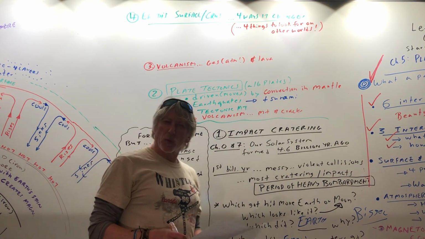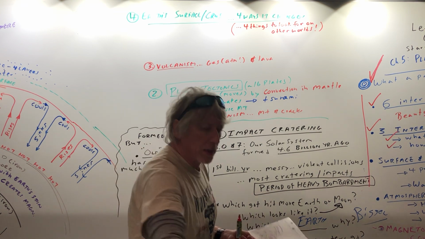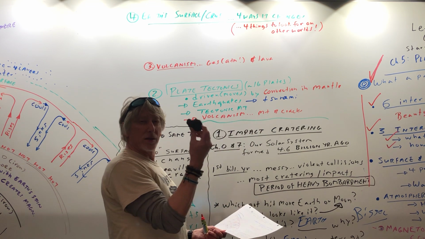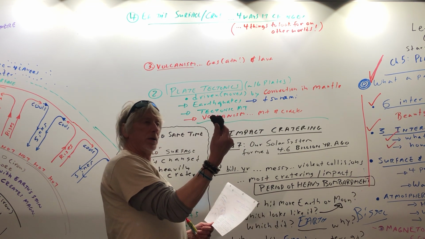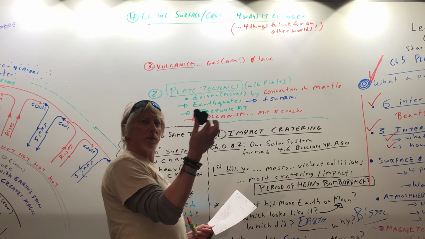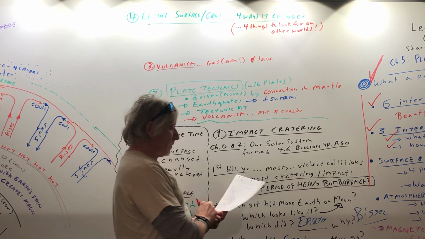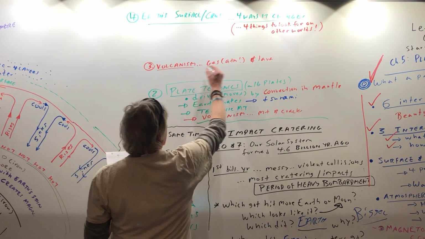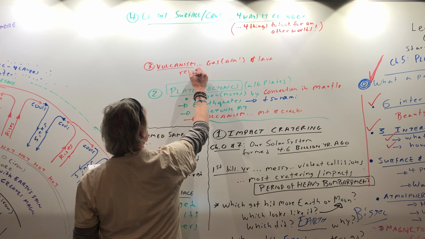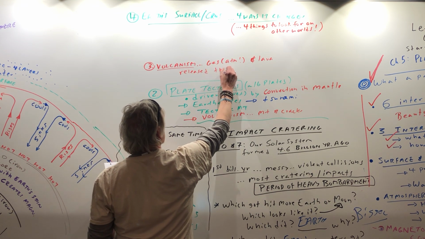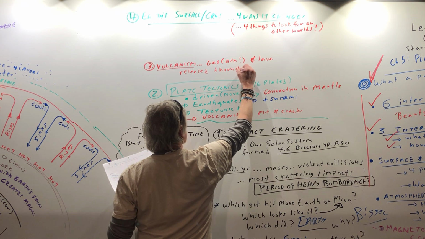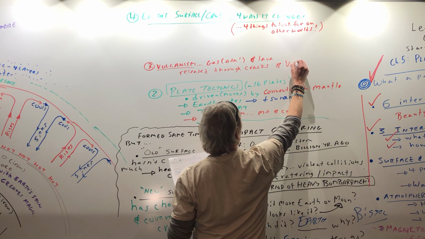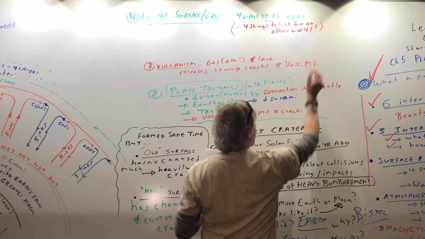Hot liquid rock quickly solidifies, and you see things like this, and geologists get all crazy because they've studied this, and they have conceptualized what went on to make that, and that's what's very cool about that study. So it's gas and lava released through cracks, and volcanic mountains, or volcanoes.